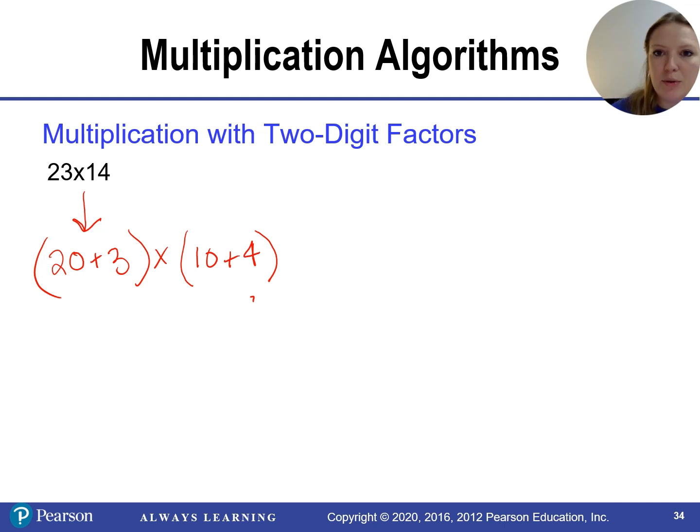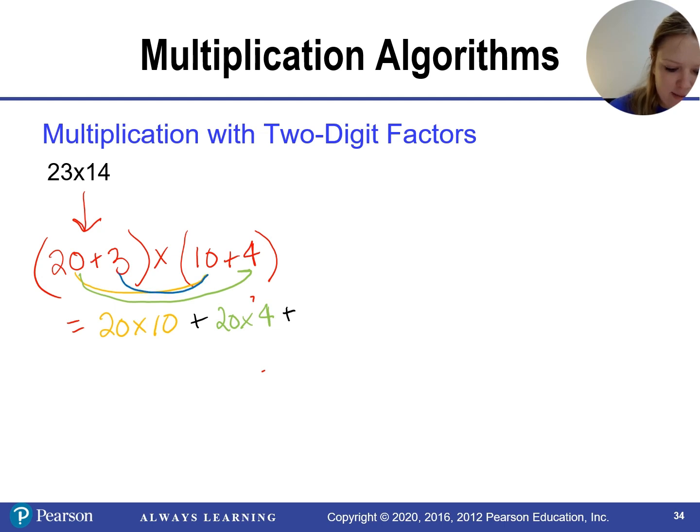Then we can go through and use that double distribution to see that first 20 times 10 plus 20 times 4 plus 3 times 10 plus 3 times 4.